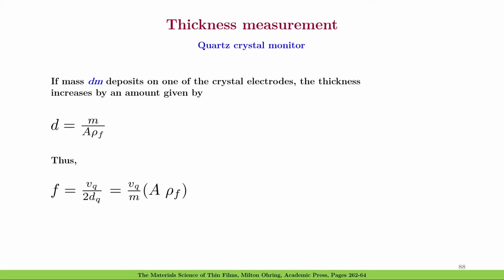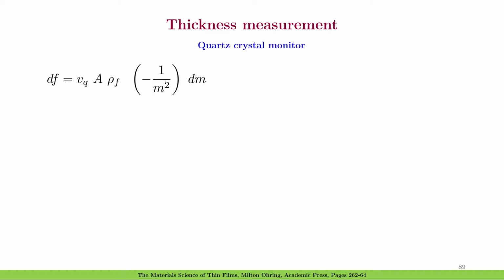A change in frequency due to the deposition on the crystal can be obtained by differentiating this equation with respect to m. That is, df equal to Vq times A times ρf times minus 1 by m square times dm. So this can be written in terms of f as minus f by m times dm.